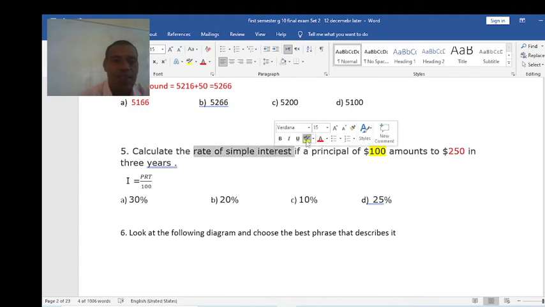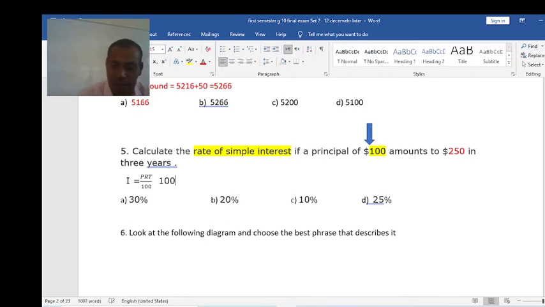Okay, I will try cross multiplying. I multiply by 100, which gives 100I, equal to PRT. What time do we have here? We have 3 years.